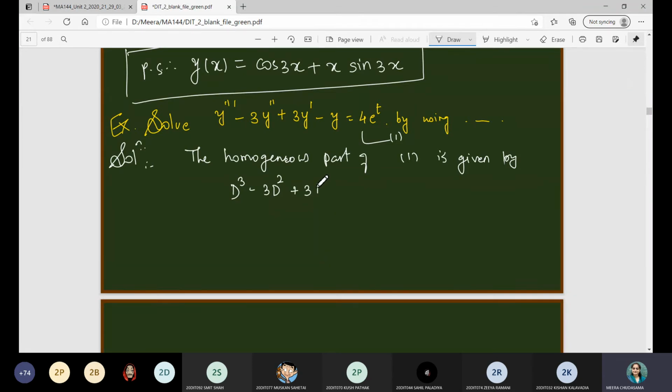What will be the complementary function? Did anyone find it? C1 e raised to t plus C2 x e raised to t plus C3 x square e raised to t. Will x square come or t come? It will be t here. How many of you got this complementary function? Please raise your hand.